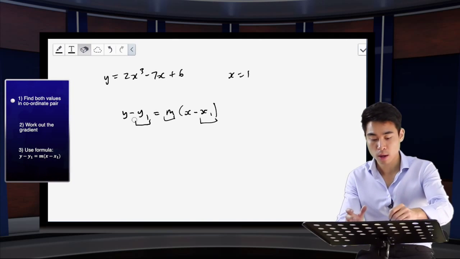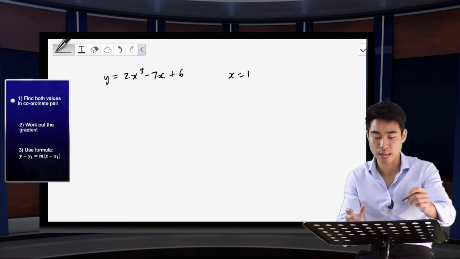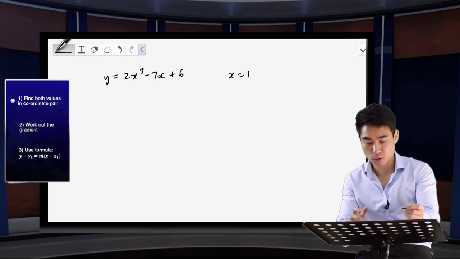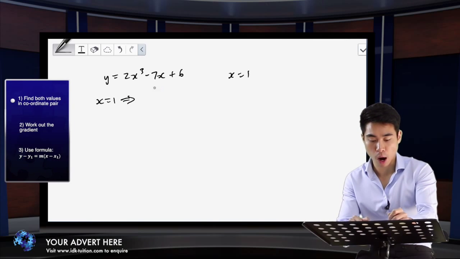So essentially, once we've worked out the gradient, which we did in the previous bit of this question, all we need now is the y coordinate. So let's just go through step by step. So first of all, we've got our x coordinate, we need our y coordinate. So when x equals 1, all we're going to do is plug in our x coordinate into this original equation here to give us the subsequent y value.